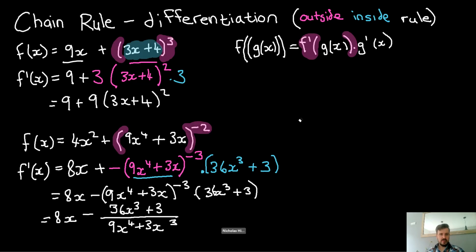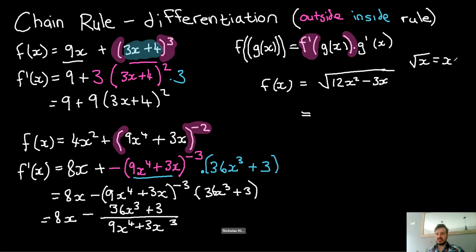Let's do one more. And it's one where it's kind of more disguised. So we have an f of x, and let's say you got this. Let's make this, we'll leave it as square root. So this doesn't immediately look like inside outside, but remember that the square root of x is the same as x to the half.